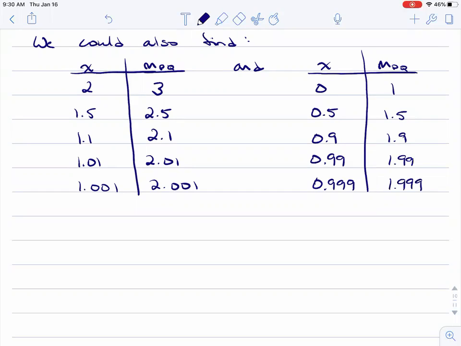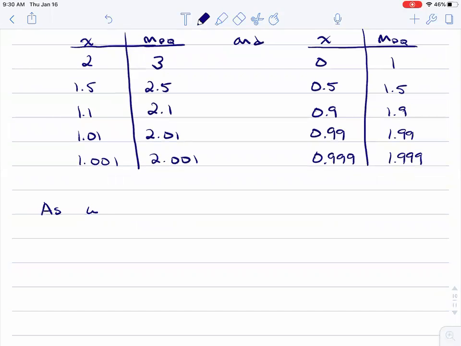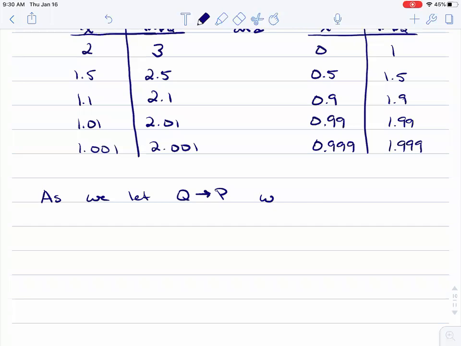So as we let Q approach P, or go towards P, whatever you want to say, as Q approaches P, we see that the slope between P and Q is moving towards 2.